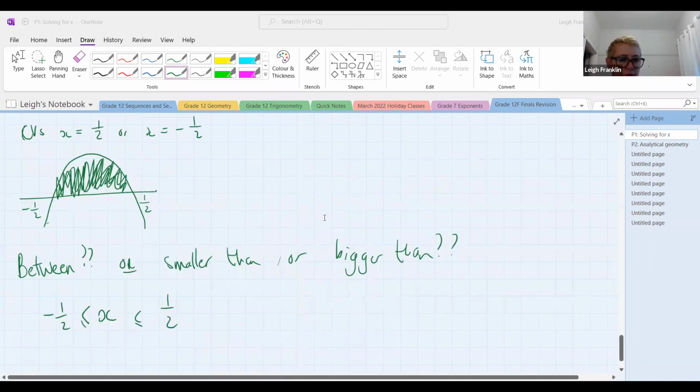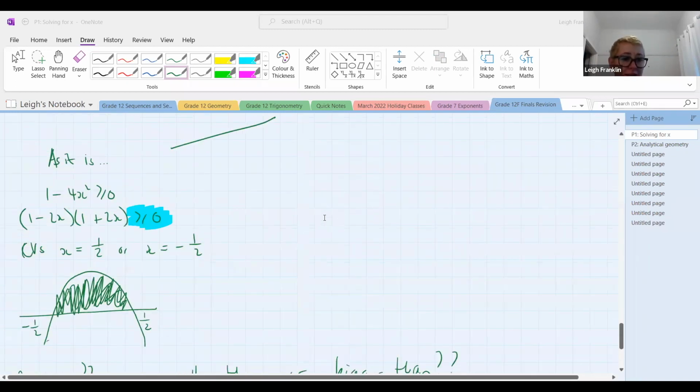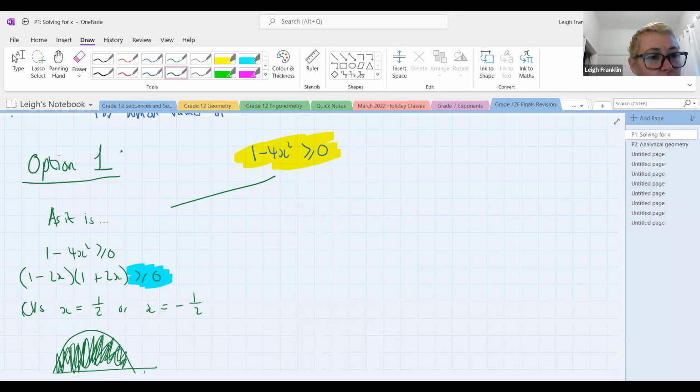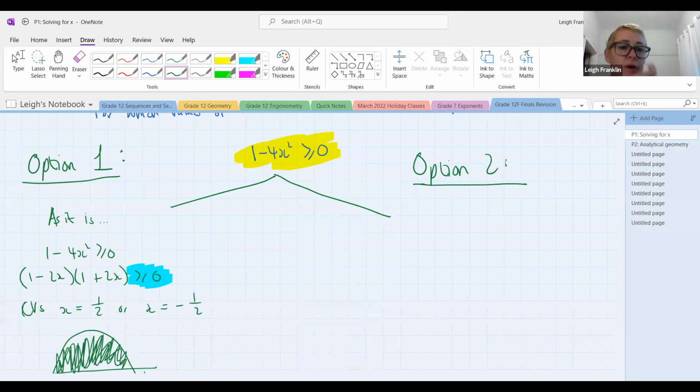Nice job, everybody. So that is option number 1. Let's just write here, option 1. Now this is option number 2. Option 2 tells us that we can multiply through by negative 1.